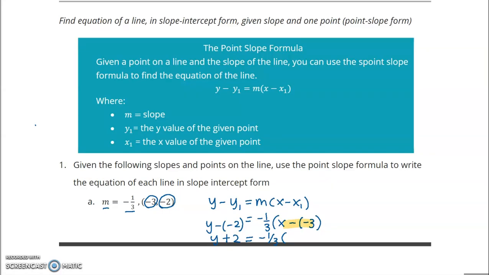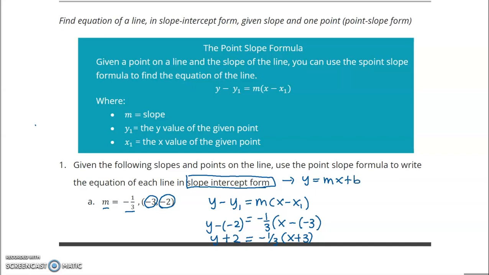So that expression becomes x plus 3. Now we'll simplify this. We are going to write this in slope-intercept form. The slope-intercept form of a line is given by y equals mx plus b.